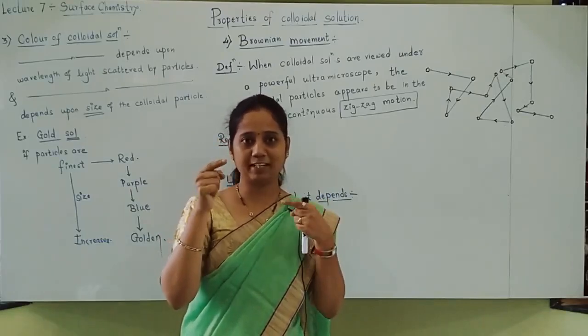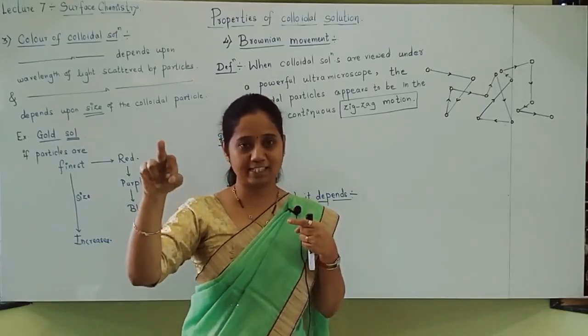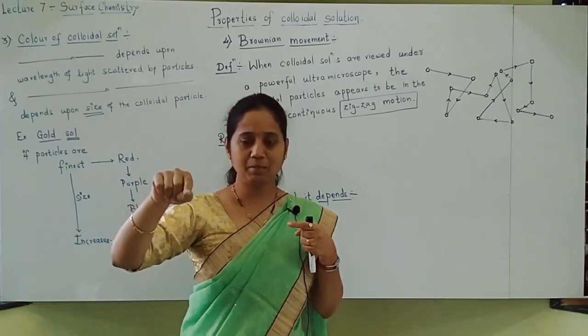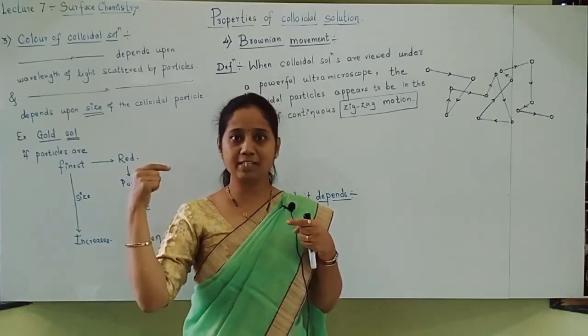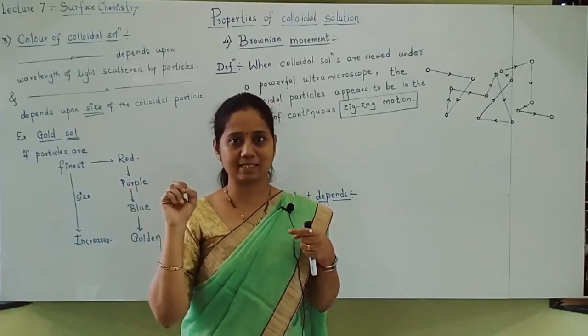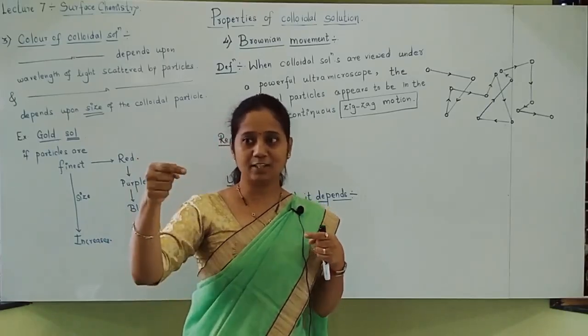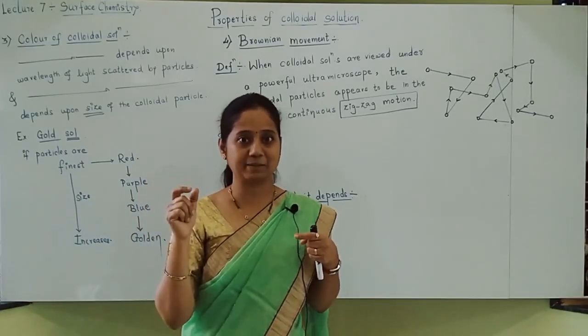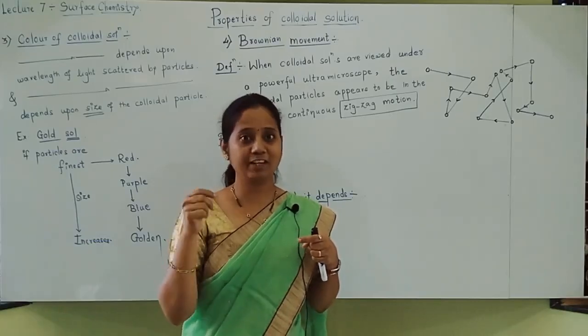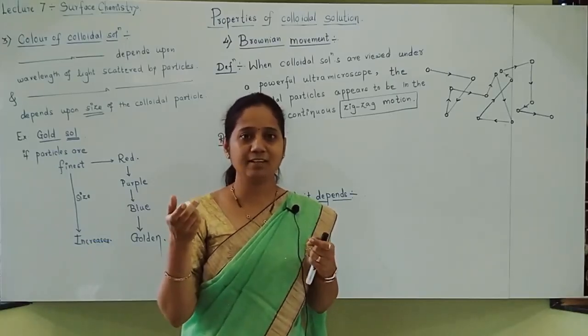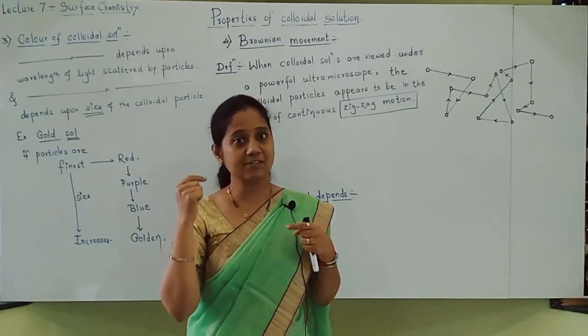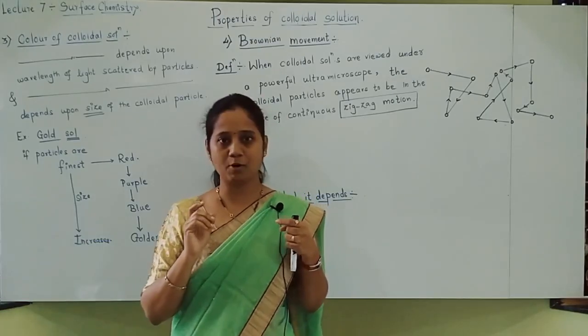If it is observed by reflected light, a blue color solution will be seen. Same mixture, milk plus water. But if the receiver is receiving transmitted light, then the color of the colloidal solution becomes red. So the way the receiver receives the light is also very important.